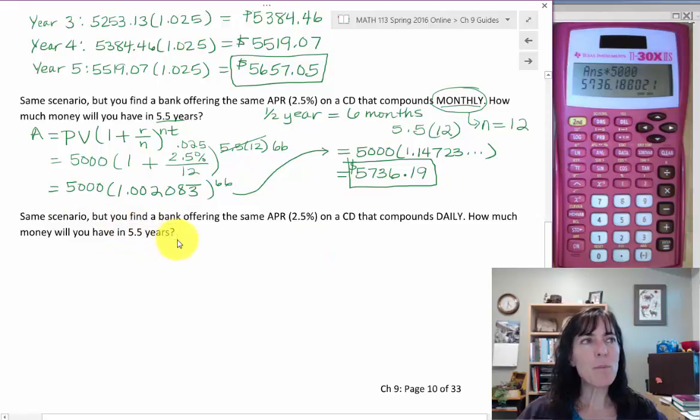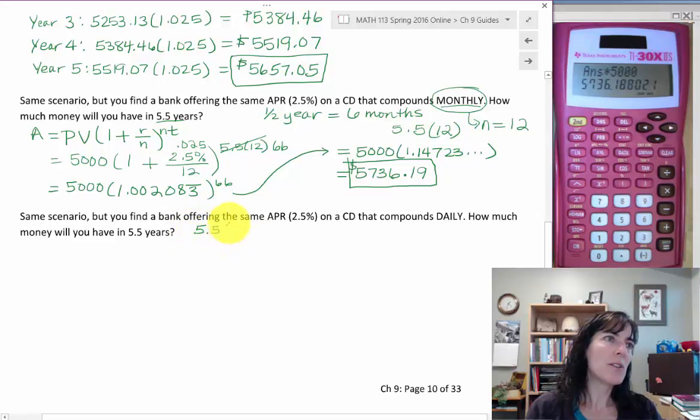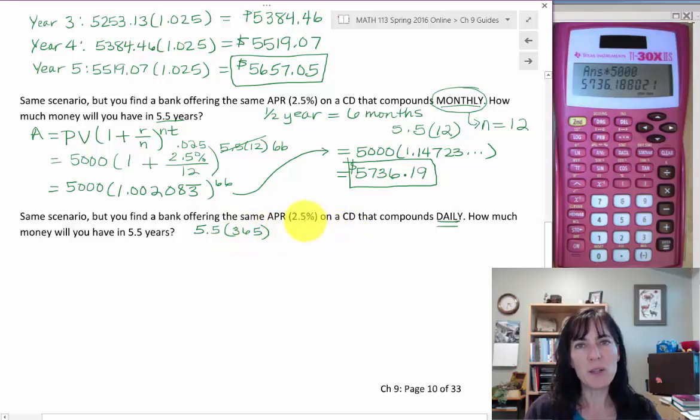Same amount of time, and we still want to think about if we take 5.5 years, and we're talking about daily compounding, so we're talking about 365 days per year, and that's what banks will use, even if it's a leap year like this year.